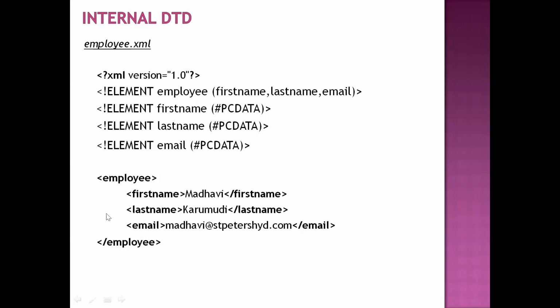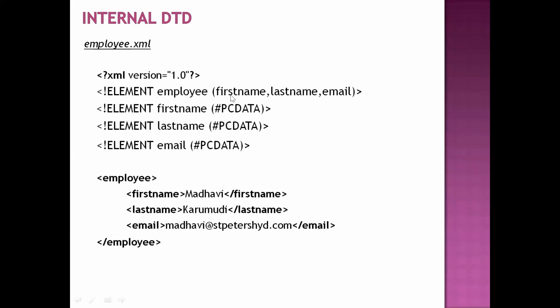Just observe, employee is a root element, a complex element. It has some child elements. So how to specify the child elements in DTD? The ELEMENT tag, the name of the element, and all the child elements we should specify inside parentheses. So here if you specify first name, last name, email in this order, in the same order you have to define it in the XML also.